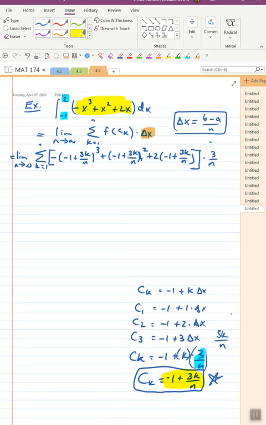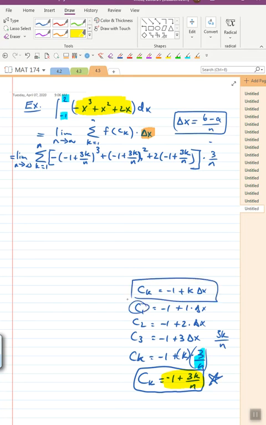Hold on, what did Rebecca say here? So there is a value for k that we could find. Well, no, the k is that index of summation, so the k in this sum is ranging from 1 to n. What we're doing is writing down a formula for each of these points that we're selecting from each subinterval. So that's what this ck formula is.